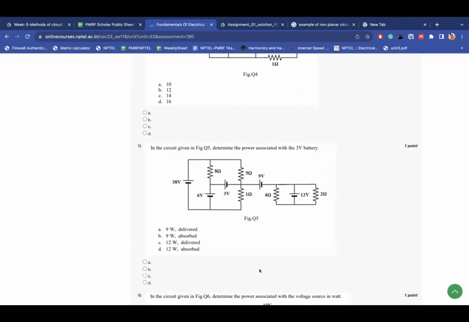Next, the fifth one. Please give any hint for the fifth one. Okay, so for current to flow, you need a closed circuit, right? That's the only direction I'm going to give you, because you need a closed circuit for the current to flow.